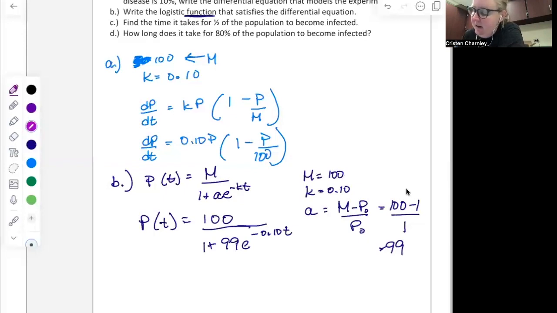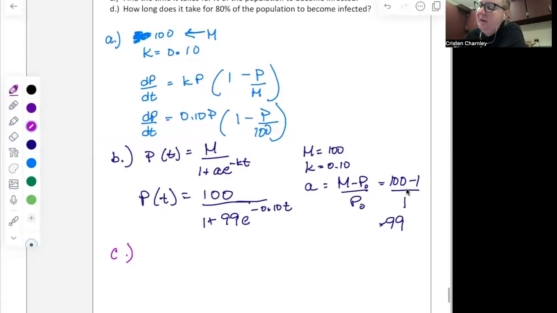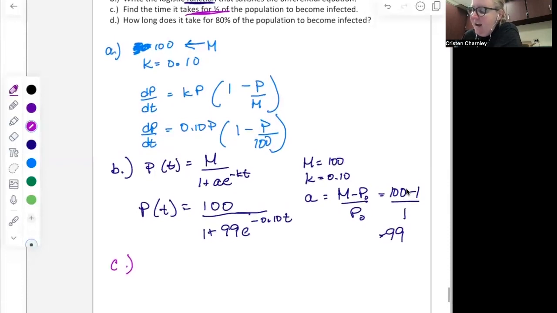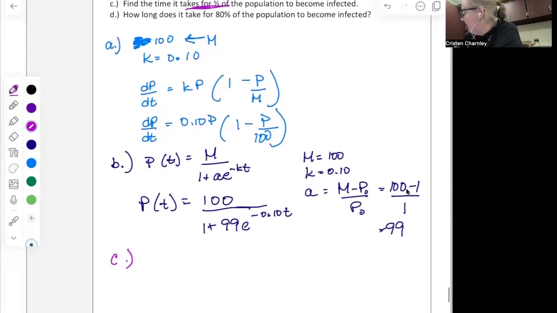Letter C. Find the time it takes for 1/2 of the population to become infected. So this is the part that feels like exponential growth to me. If I know that 1/2 of the population is infected, that would be P equals 50. So I'm going to say that 50 is equal to 100 over 1 plus 99 e to the negative 0.10t.